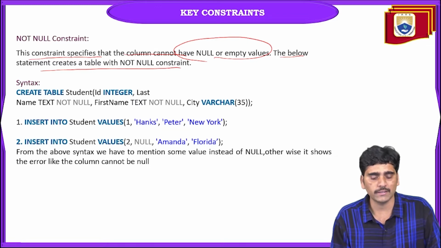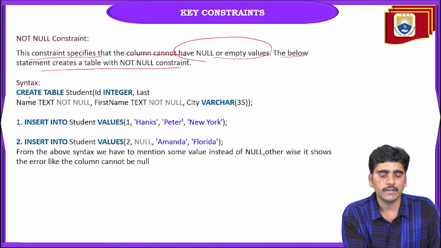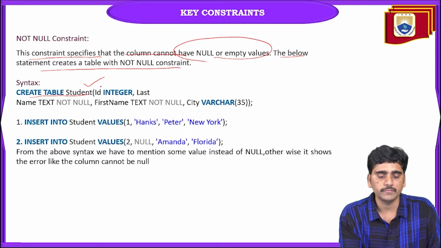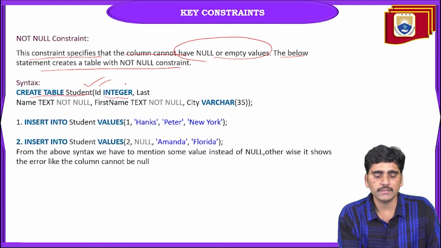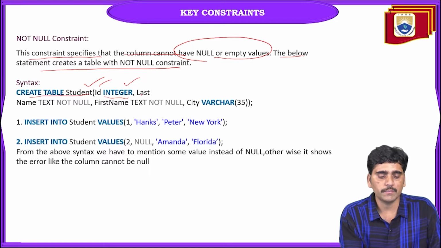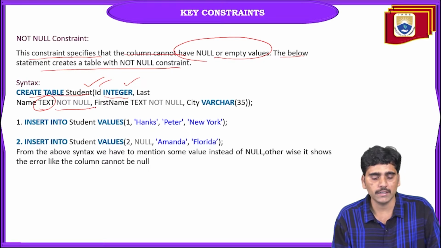We'll see the example here. Create table student. Student is the table name, or you can say entity name, and ID is represented with the data type integer. The last name is represented with the data type text, and here we are applying the not null constraint.